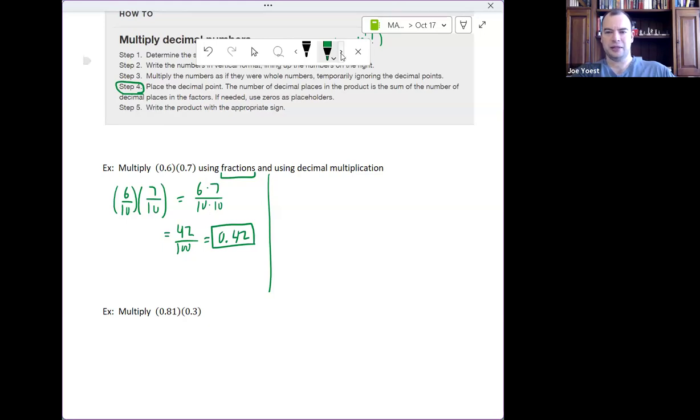So really what I did is I accounted for the decimal in the 0.6 with this tenths here, and I accounted for the decimal in the 0.7 with this tenths here. These two tens came together to make a 1/100th, and that gave me 2 decimal places in my answer, one of them coming from the first tenths, one of them coming from the second tenths.